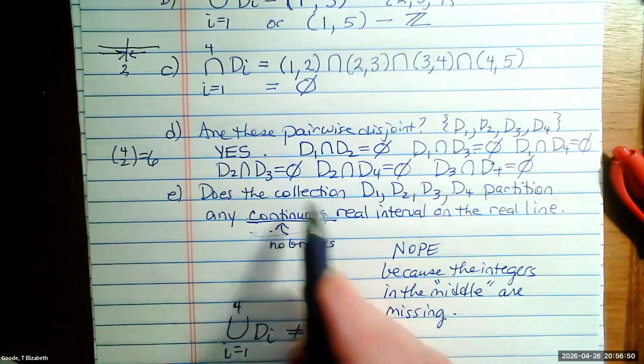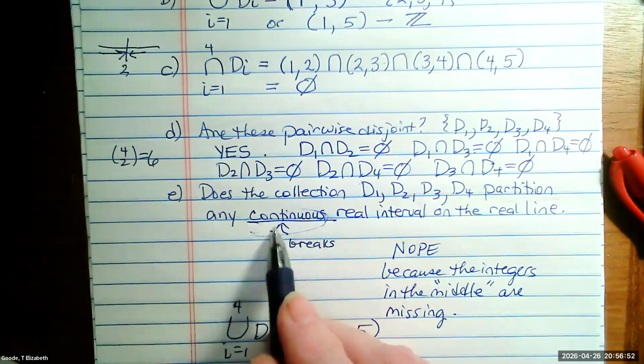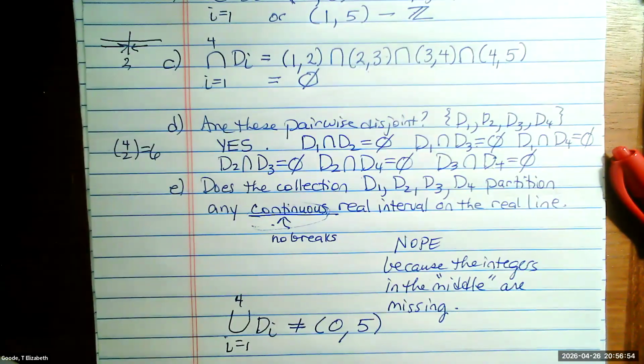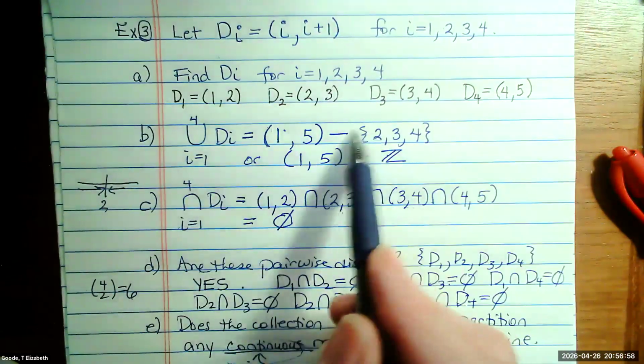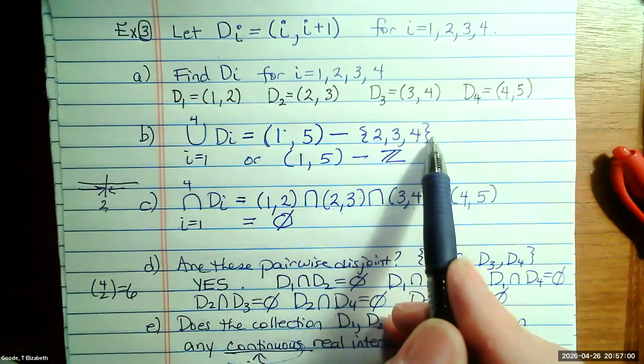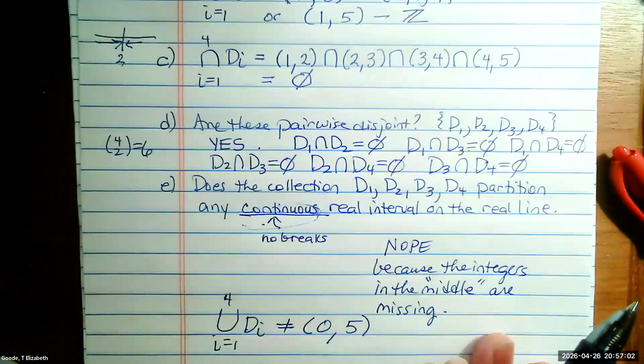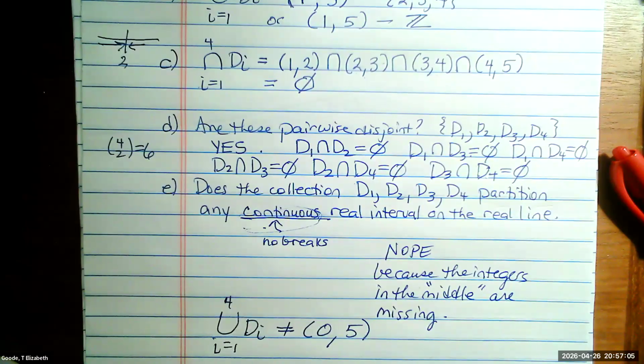Now if I didn't require it to be a continuous real interval with no breaks, then we could say that these four do partition this set, but we generally want to deal with continuous intervals if we're going to play partition games, but not always.